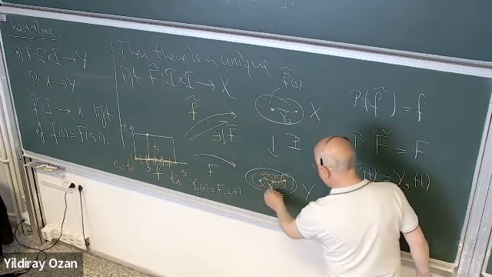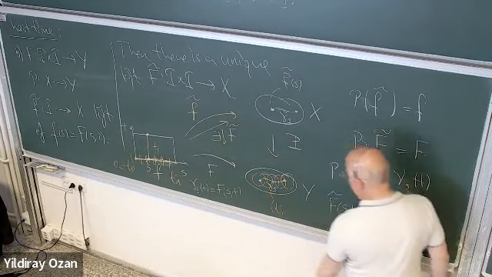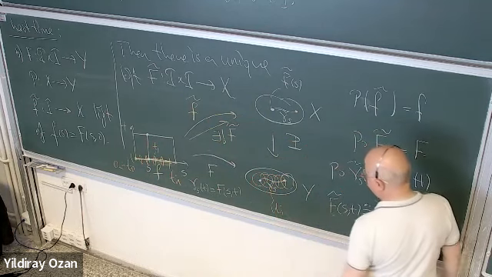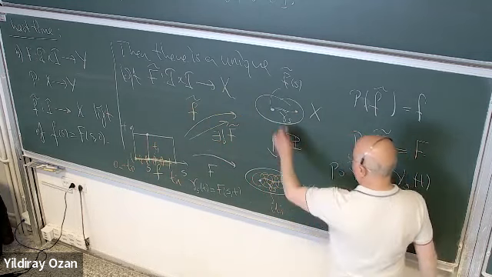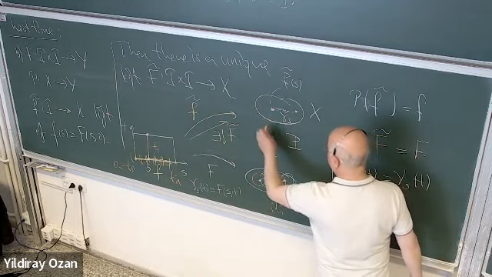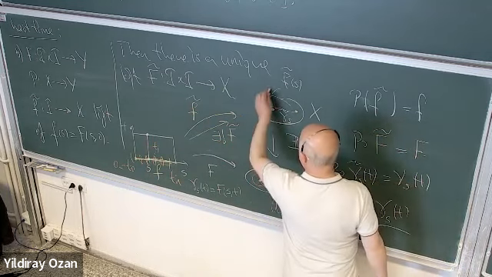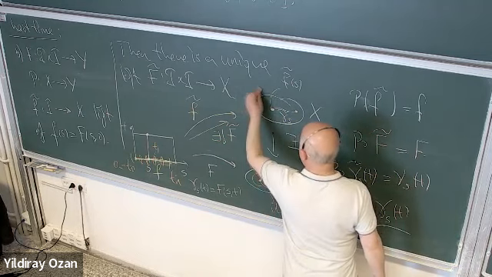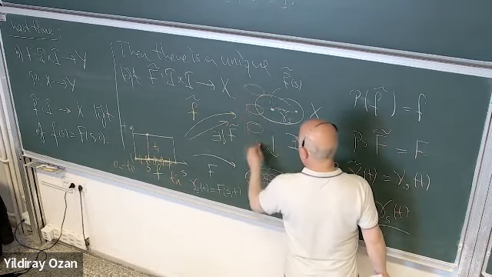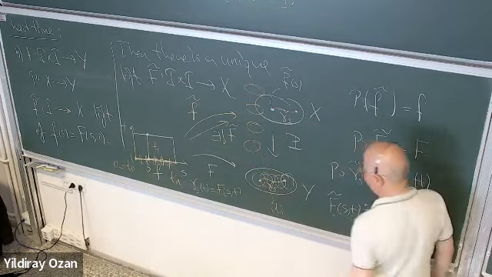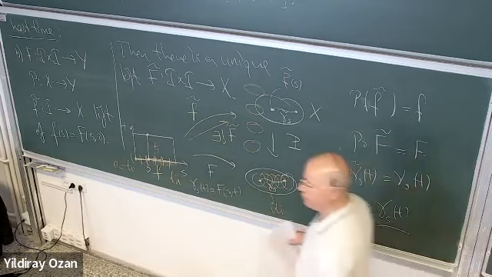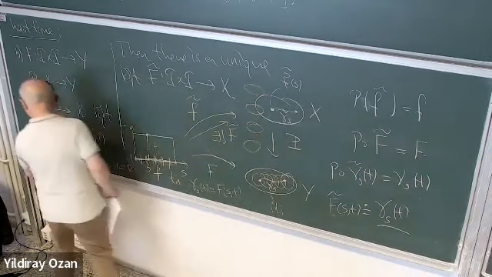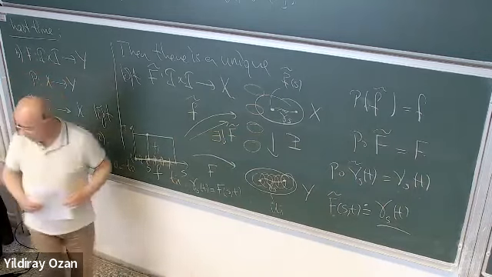Okay, so here, let's say I have U_i, and this U_i is so that the inverse image of this open set U_i is a disjoint union of copies of U_i. So I have several copies here, and each one is homeomorphic to U_i. Okay, I can do that by the definition of covering space.